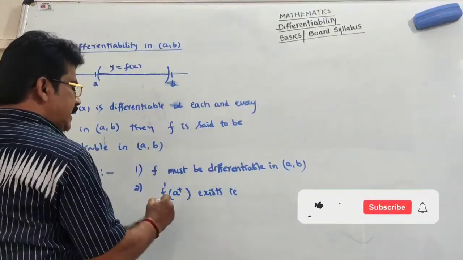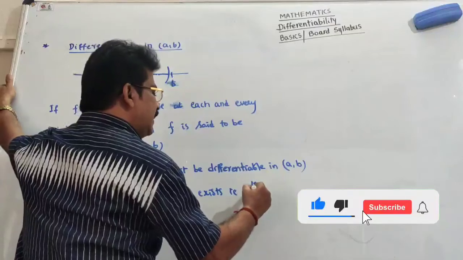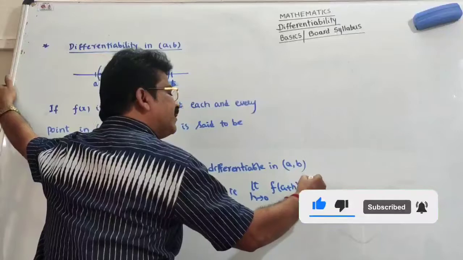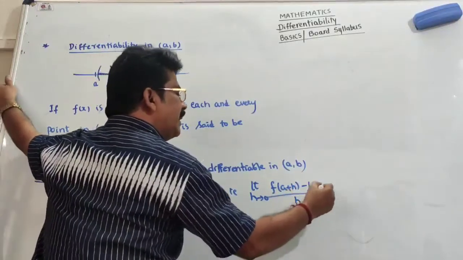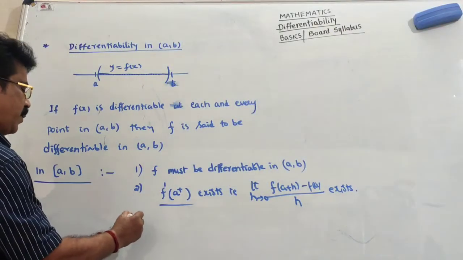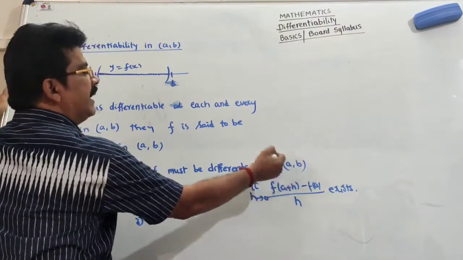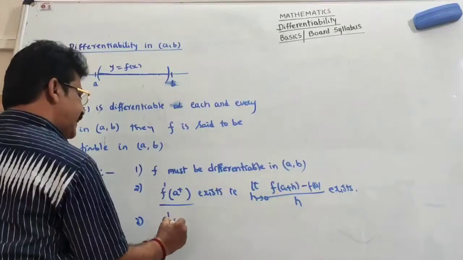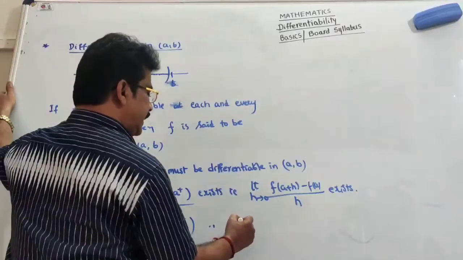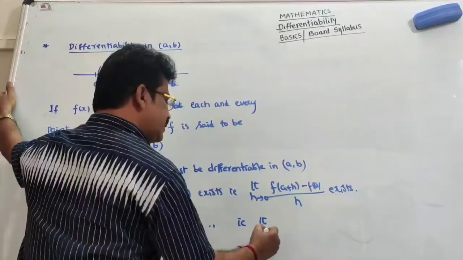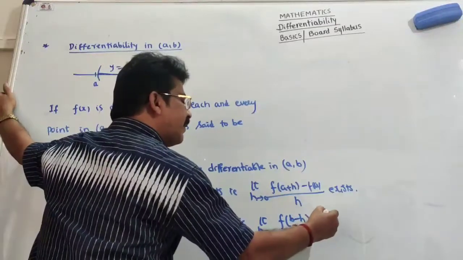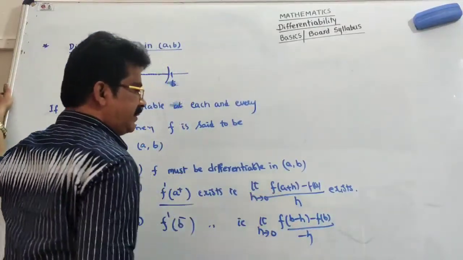That is, f dash of a plus means what? Limit h tends to 0, f of a plus h minus f of a divided by h exists. It must exist. Number 3, point b, it's preceding, means f dash of b minus, not plus, exists. That is, limit h tends to 0, f of b minus h minus f of b divided by minus h.